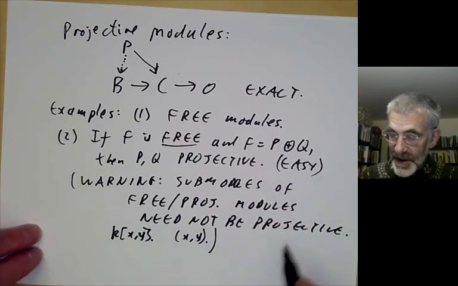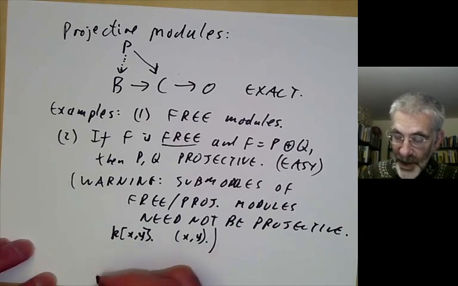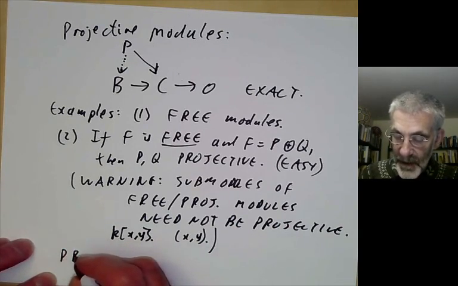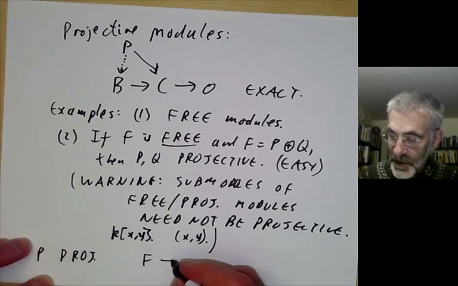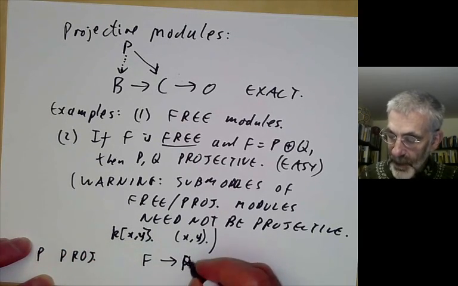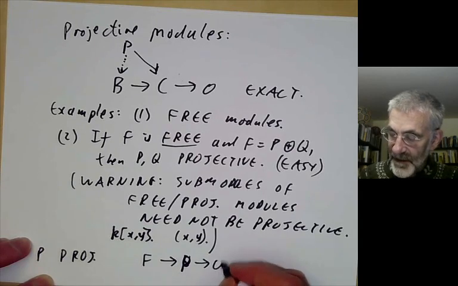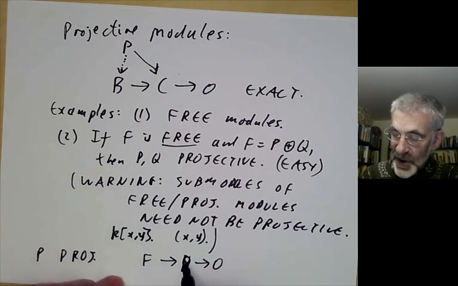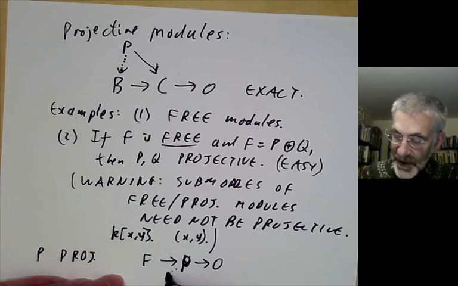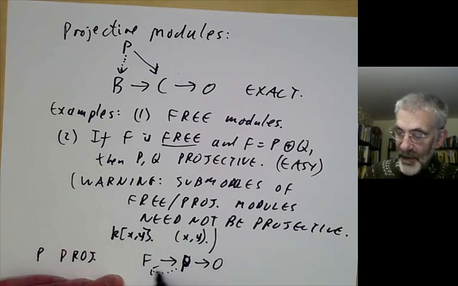In fact, the converse is also true, because if P is projective, then there is some free module mapping onto P, because for any module we can find a free module on it. And because P is projective, this splits. We can find a map from P going backwards.